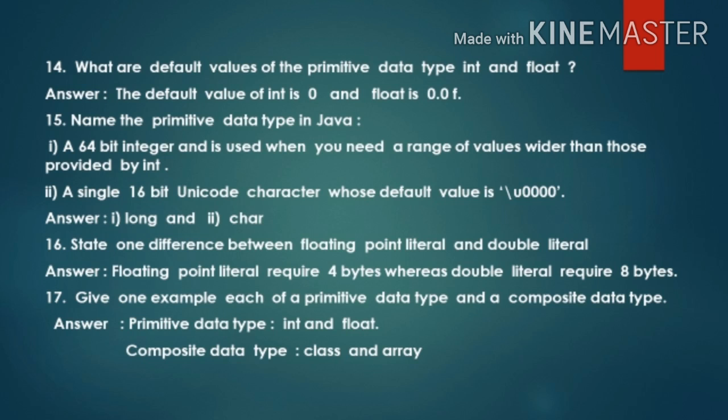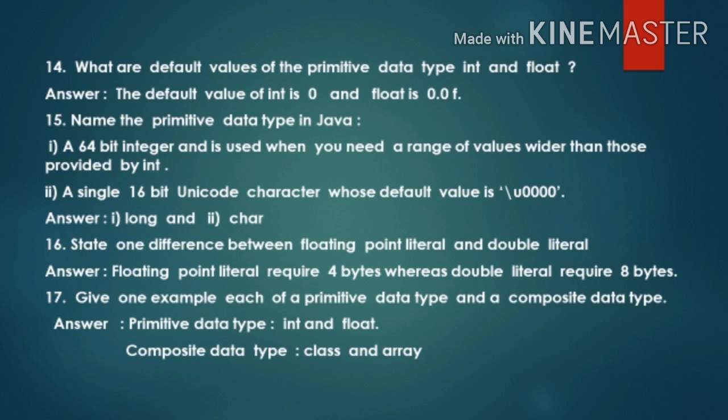Question number 16. State one difference between floating point literal and double literal. Answer. Floating point literal requires 4 bytes whereas double literal requires 8 bytes. Question number 17.